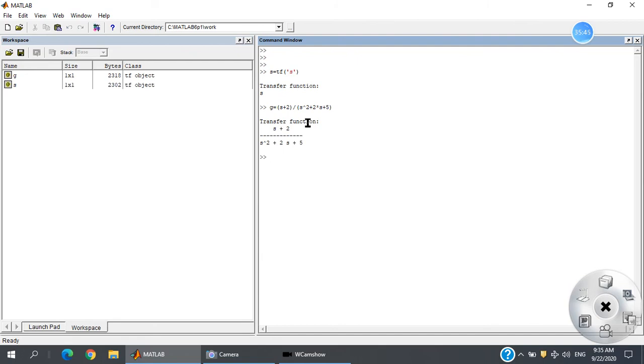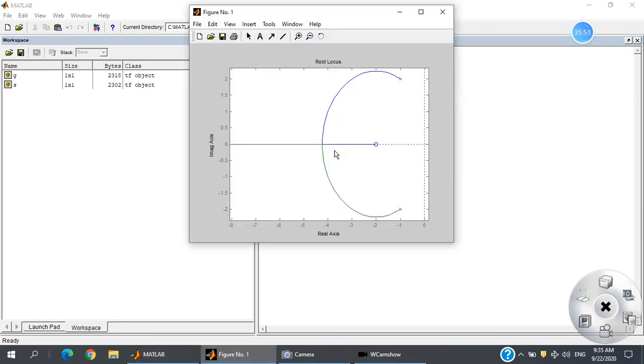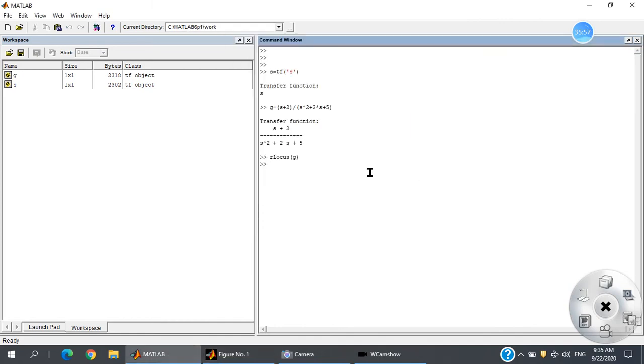Then we can see the root locus of G. It's this one, right? And we can see the negative side. Root locus G, and hold on, and the root locus of negative G.